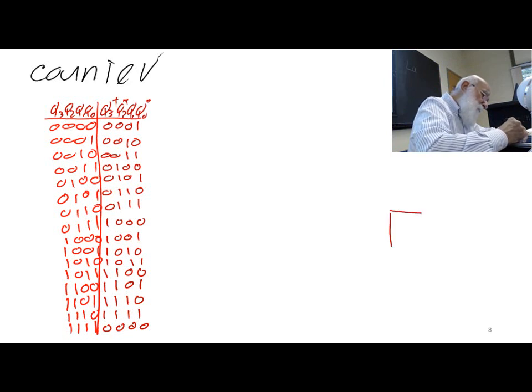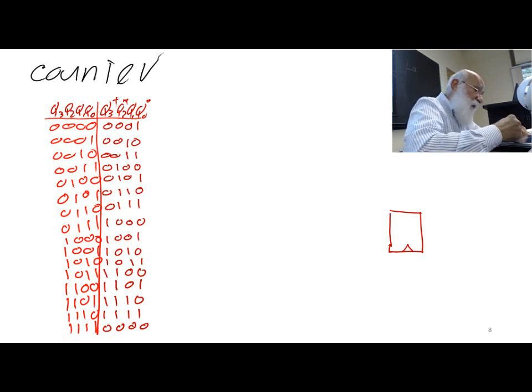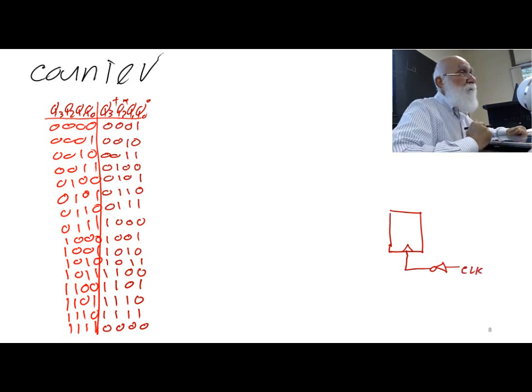This is a T flip-flop again. And this is my clock input.